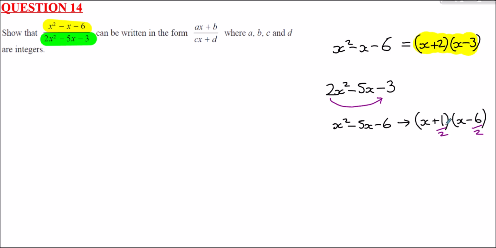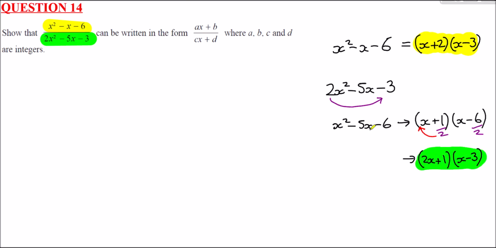And then, if this fraction will simplify, do so, and if it doesn't, any remaining denominator, just shove in front of the x in the same bracket. So 1 over 2 doesn't simplify, so I'm going to put that 2 in front of the x. So I then get 2x plus 1, whereas 6 over 2 does simplify to exactly 3. So if I just replace that, x minus 3, that's it fully factorized.